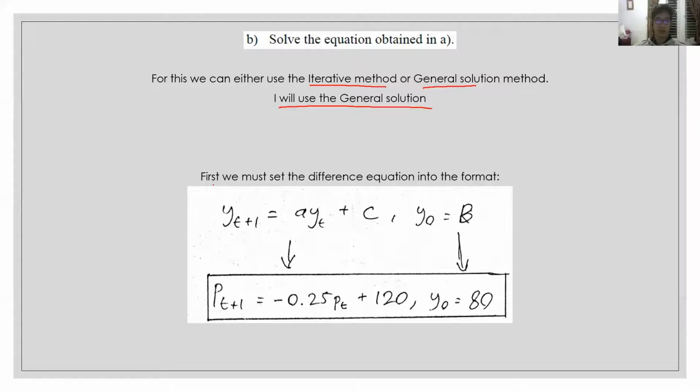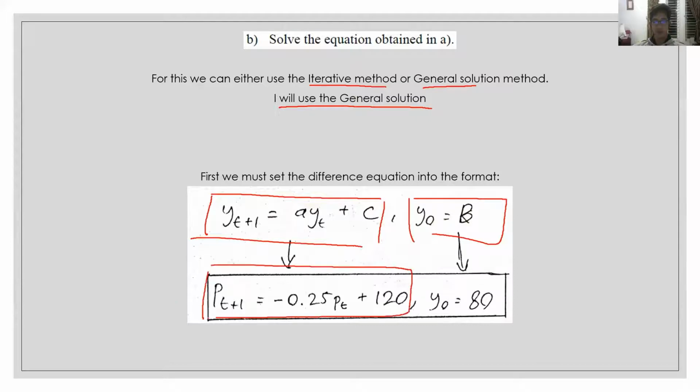But anyway, first we must set the difference equation into this format, Yt plus 1 equals aYt plus c, under the condition that Y0 is equal to b. After we set our difference equation into this format, we know that the Y0, or starting Y, should actually be the starting P, so P0 equals 80.